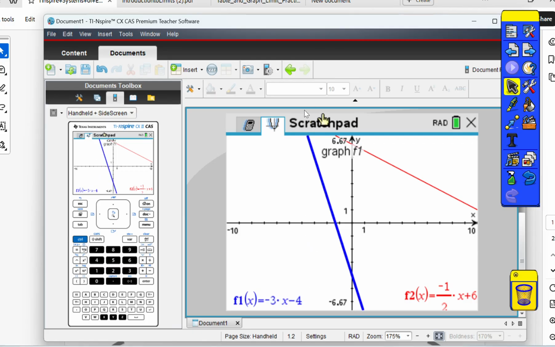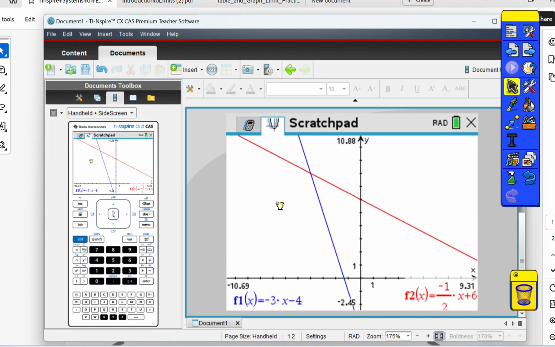Now, they're going to cross over here in this spot I can't see, so I want to see it. I'm going to click anywhere in the blank space, hold it down, and then I can pull the graph down so I can see where they cross.